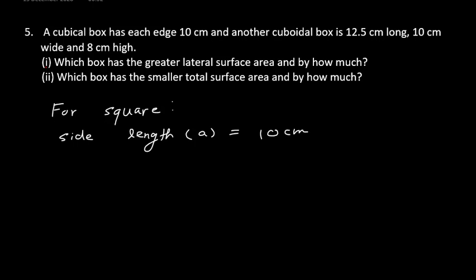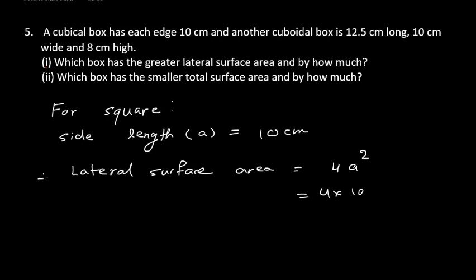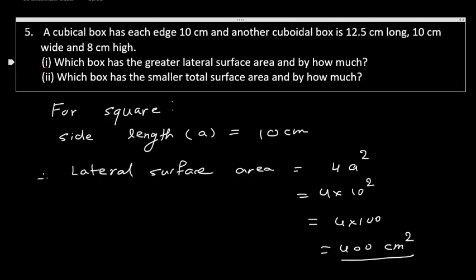This is for the cube, so therefore its lateral surface area, if you remember, the formula is 4A square, that is 4 into 10 square, that is 4 into 100, that is 400. Now the unit will be centimeter square. 400 centimeter square. This is the lateral surface area.